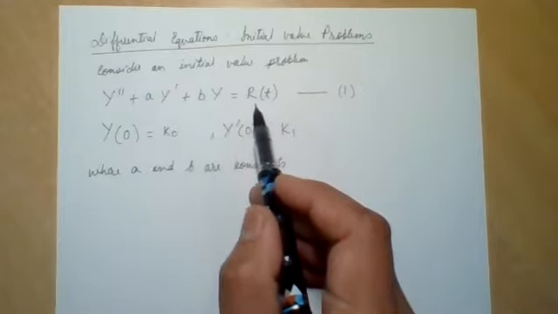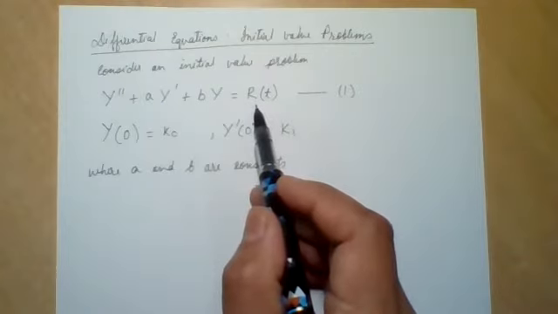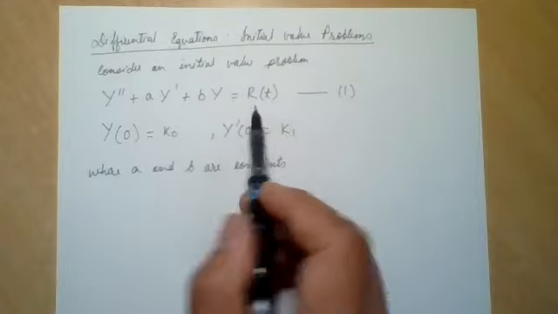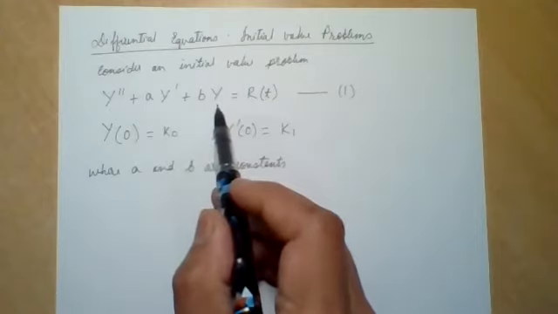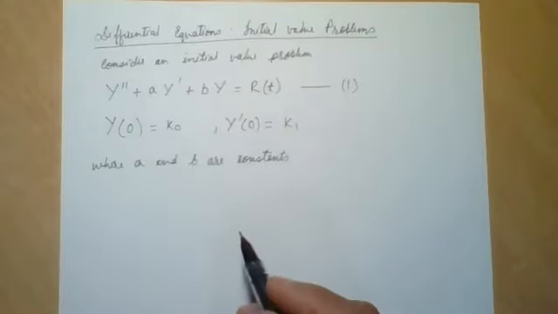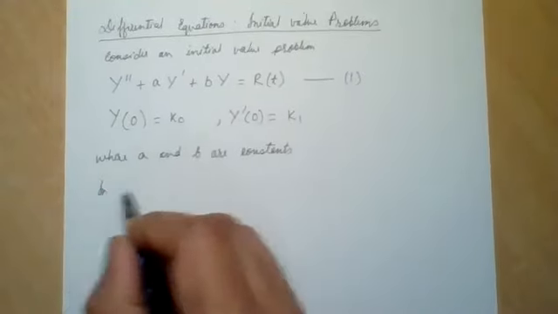I repeat, this R of t can be the given input, that is, a driving force applied to the mechanical or electrical system, and this y of t is the output which we are going to obtain by using Laplace transform methods.